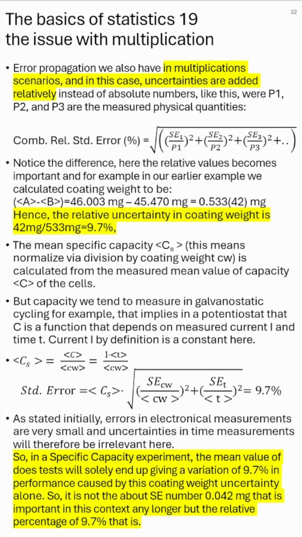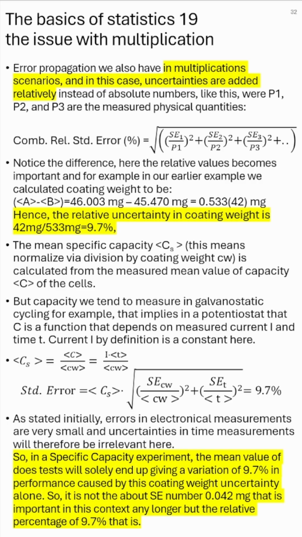The basics of statistics 19. So here is the issue with multiplication then. So if we do error propagation, I mean, we have already talked about addition and subtraction, but we also have the case where we do multiplication or division. If you have that scenario, then we don't add the absolute numbers of standard errors.